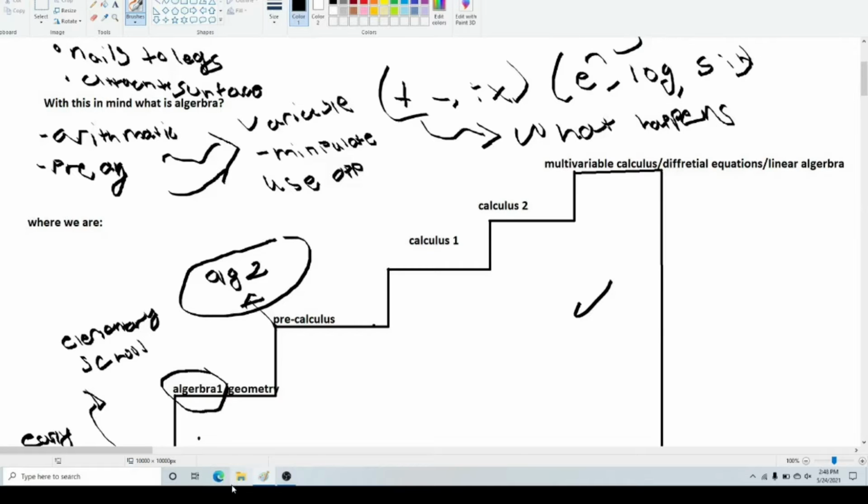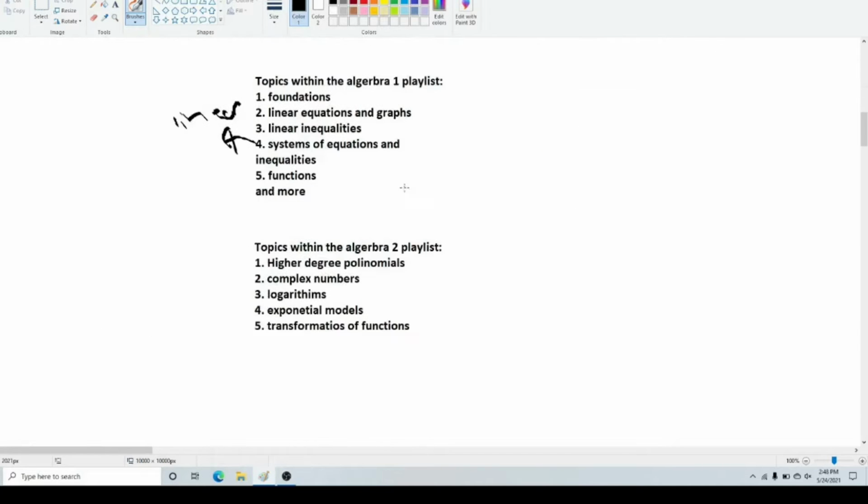and higher math. In the Algebra 2 playlists, we take everything that we learned from here, and we expand. Sorry for the messy writing. I'm writing with this mouse. I'm actually working on getting a stylus so I could write more freely.